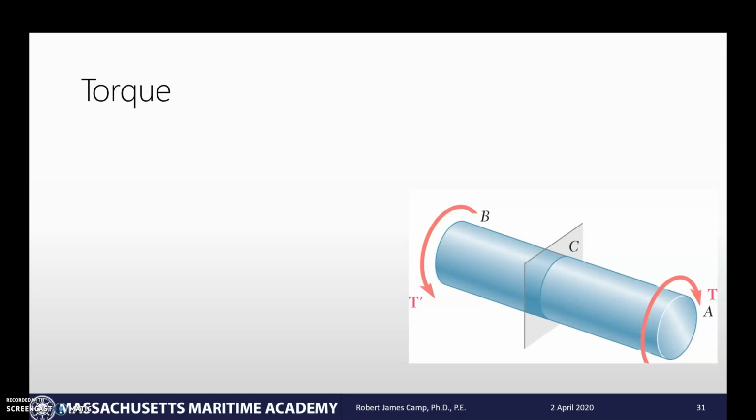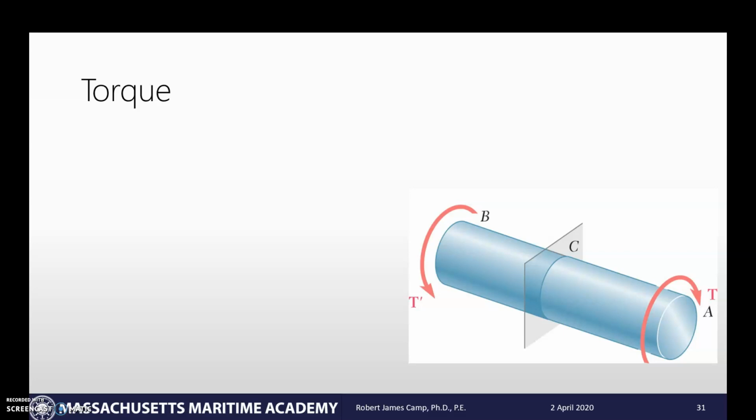Just the same way that we can take a bar that has multiple forces applied to it, we can do the same thing with torques because all that stuff's additive, and we make our cuts at some place and go, okay, I need to make sure that everything's in static equilibrium, so I'm going to calculate what the internal torque is to make sure that there's no motion.